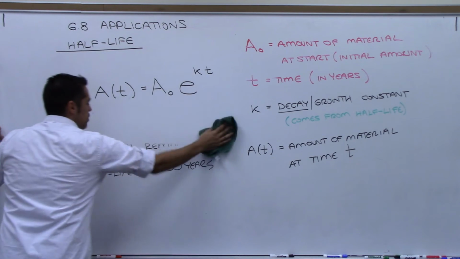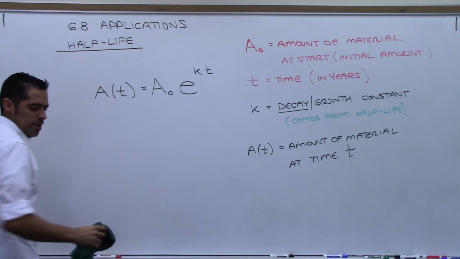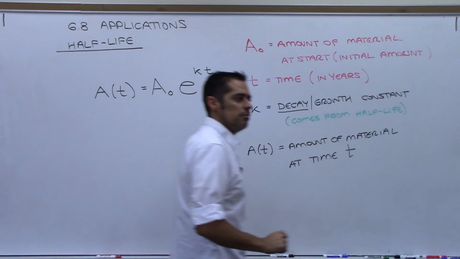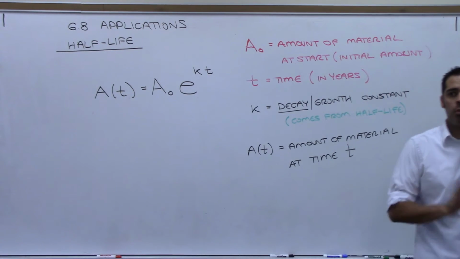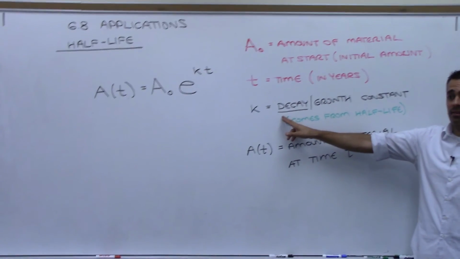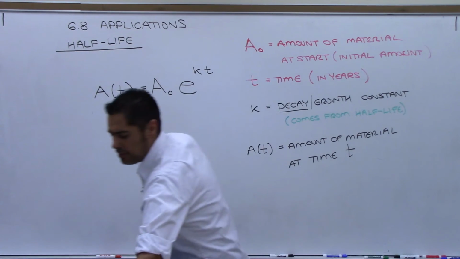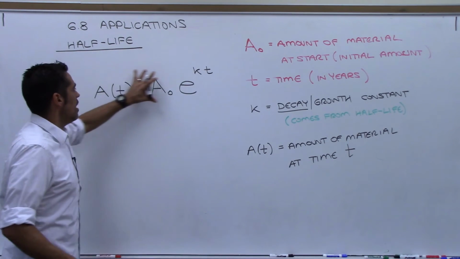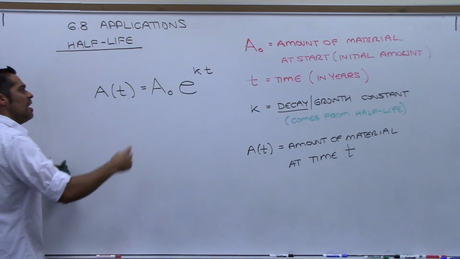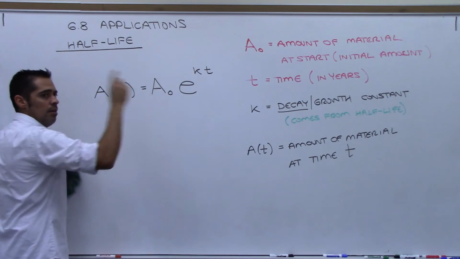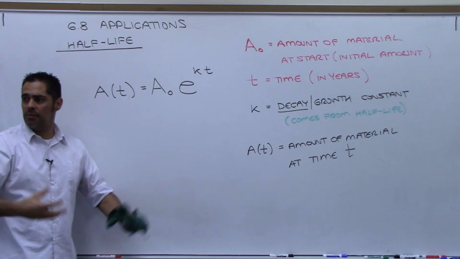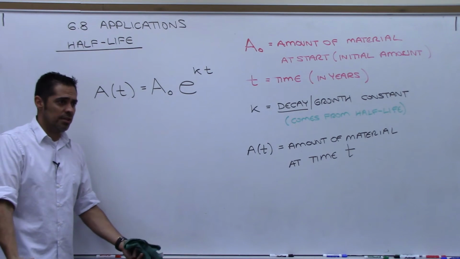All right, let's do the problem. What do we know? We know the half-life, don't we? So let's work with that first. Let's try and get k. I said that's going to come from the half-life. Looking at this equation, I'm going to say I had initially 1 unit of whatever it is, carbon-14.